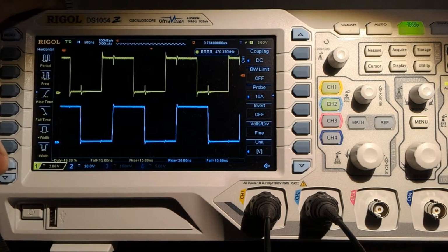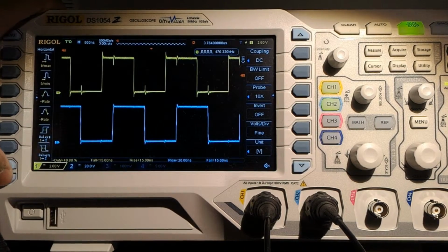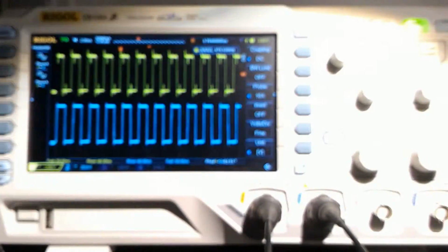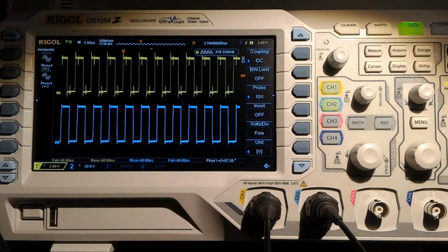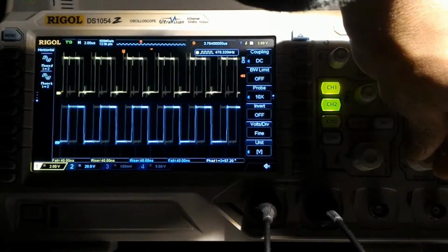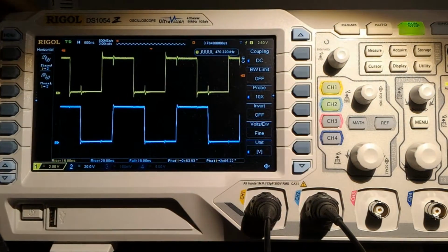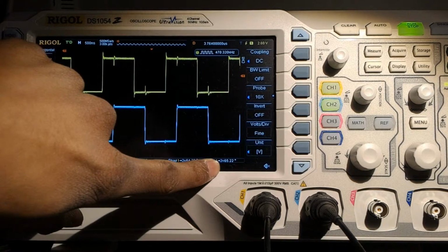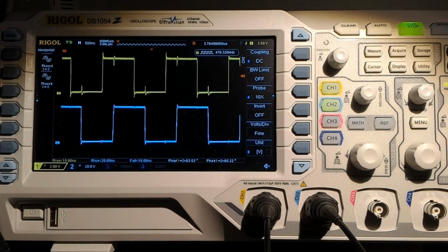Let's see if we can get the confirmation. Okay, it has gone to exactly half of what I said it would be. Yes, it's 65 degrees.